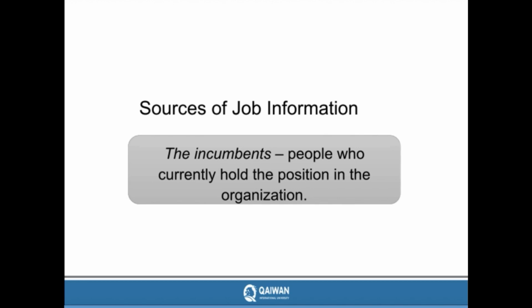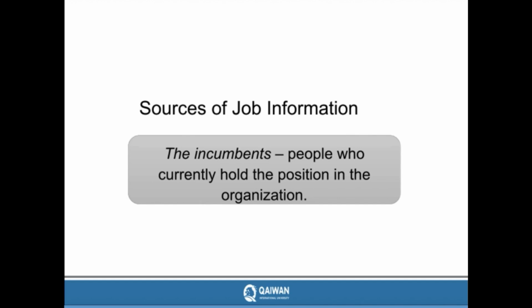Now think about who understands a job better than the person actually doing it every day. So that's why incumbents are considered one of the most reliable sources of job information.